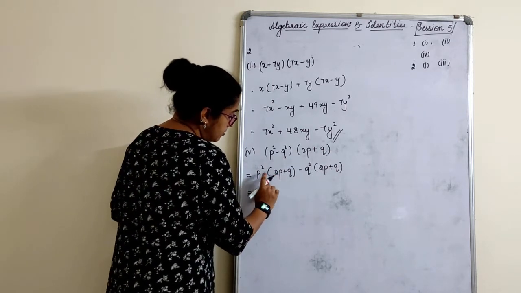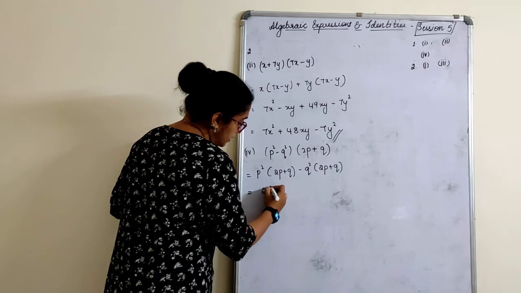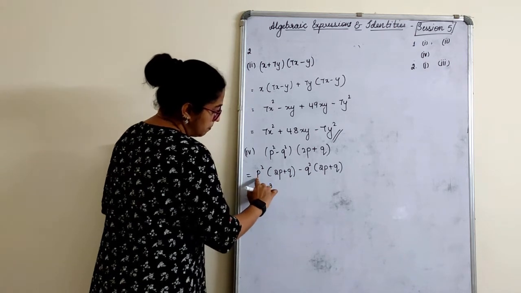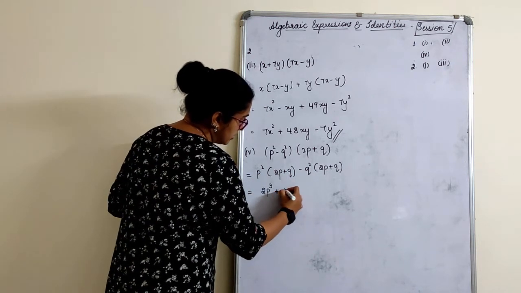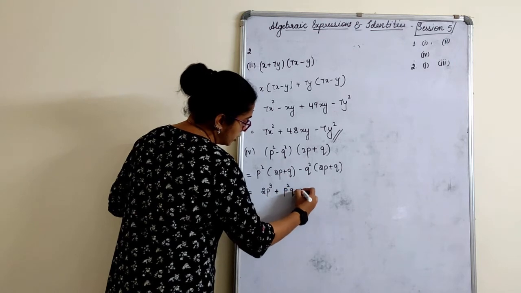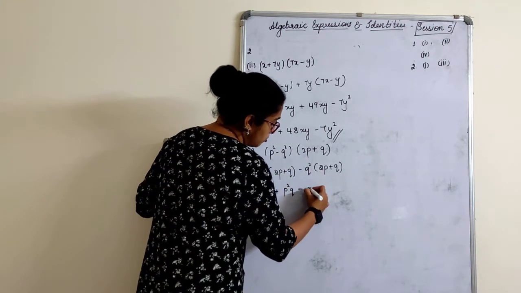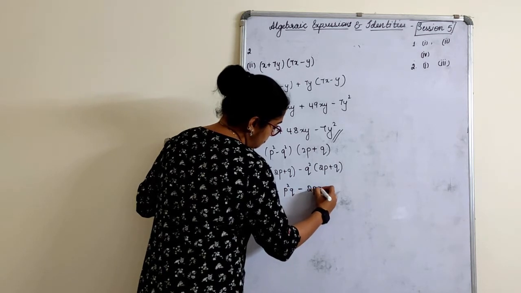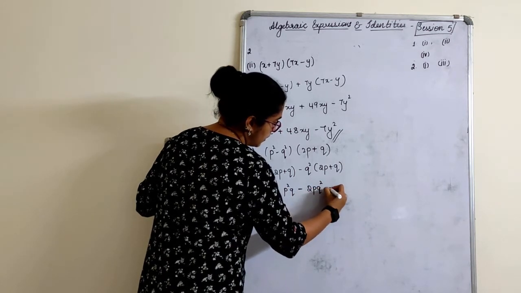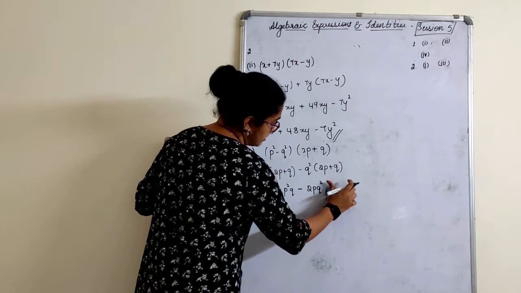So multiply this, what do you get? 2p raised to 3. p square into this is p square q, minus 2p into q square, 2p q square, minus q.